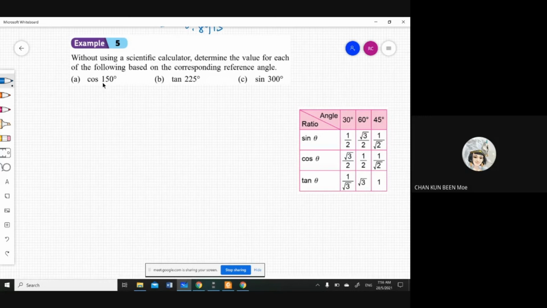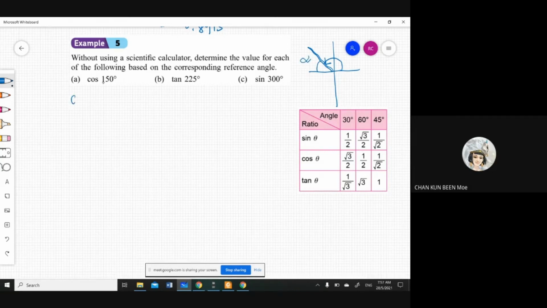A, cos 150 degree. For cos 150 degree, first thing, you have to determine 150 degree is in which quadrant? 150 degree is somewhere here, right? Quadrant 2, right? Yes.